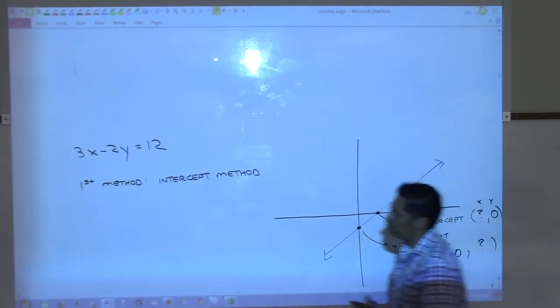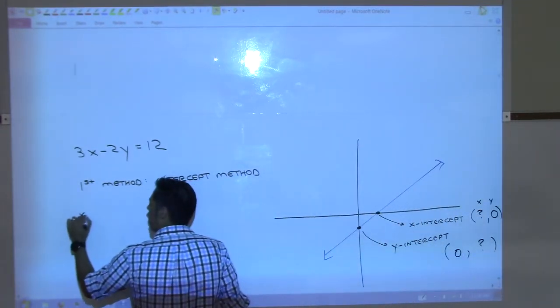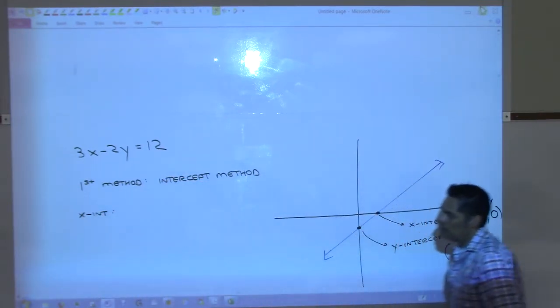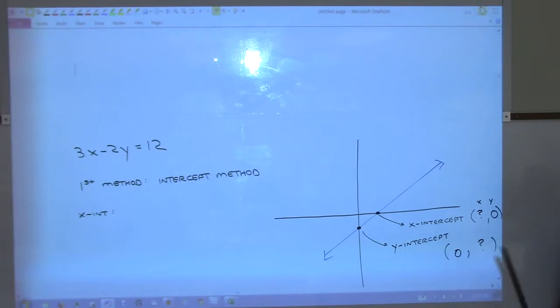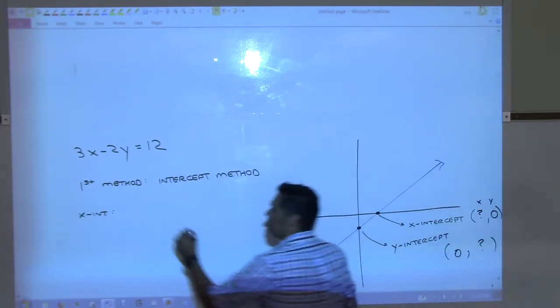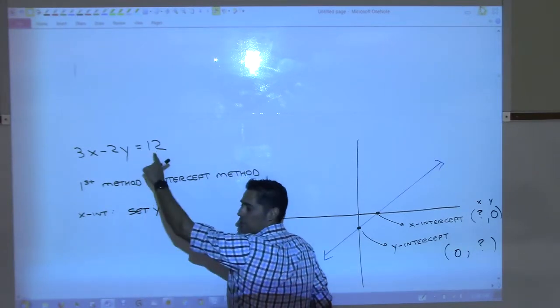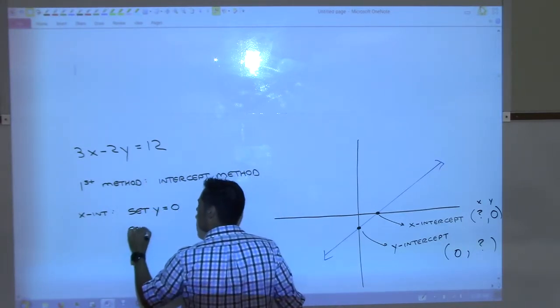So the first intercept we're going to find is the x-intercept. I'm just going to put x-int from here on out. What do we know when we're talking about an x-intercept? That y is 0. So you're going to go to your equation, set y equal to 0, and then solve for x.